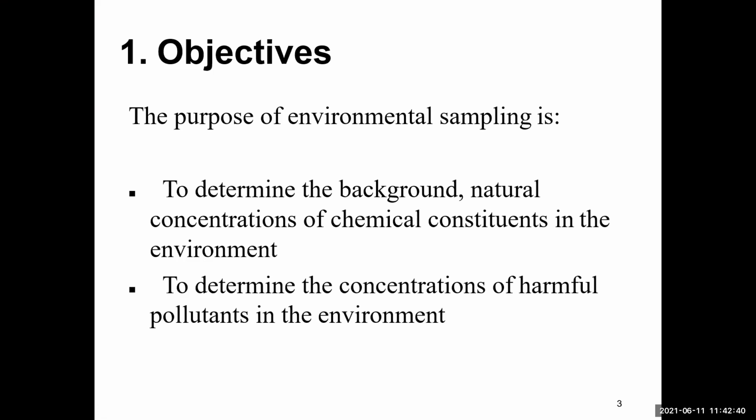Which types of pollutants are available in the environment that are harmful and disturb the environmental condition? For example, in water pollution, which types of pollutants are harmful to water bodies?